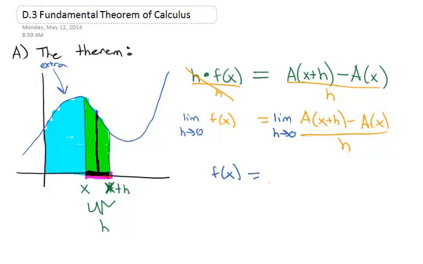But on the right side, this is the definition of a derivative: the limit as h goes to 0 of A of x plus h minus A of x all over h. We saw that with derivatives. This is the derivative of the area function, I'm going to call it A prime of x. So the function itself is equal to the derivative of the area function.